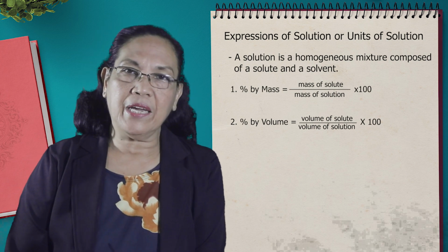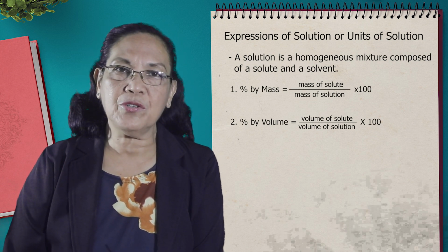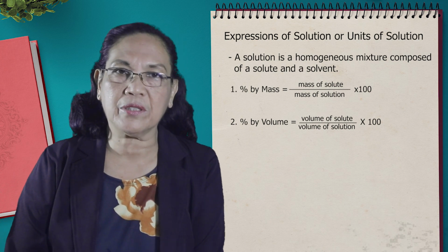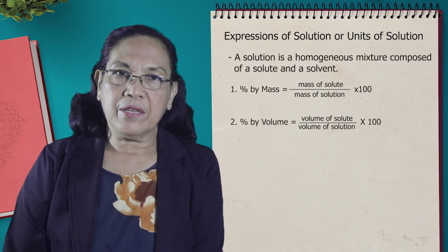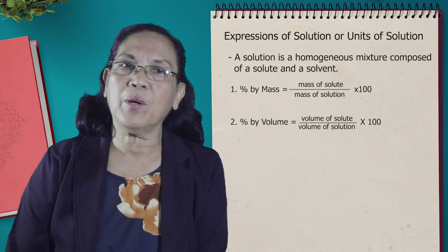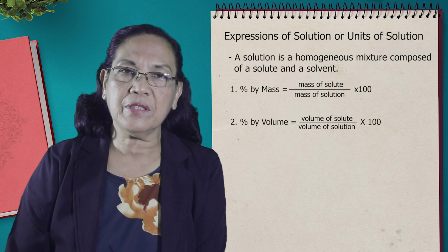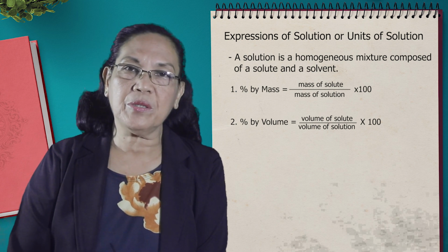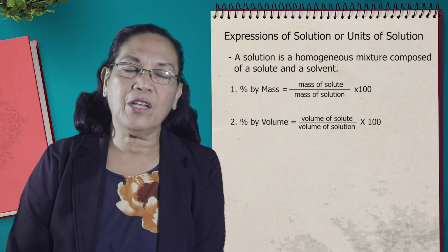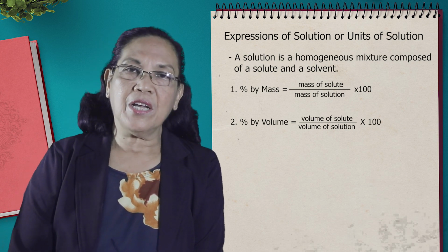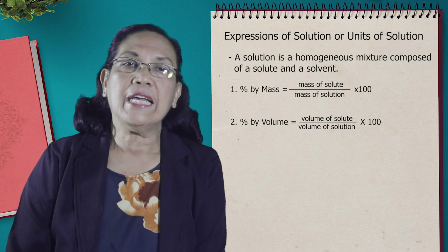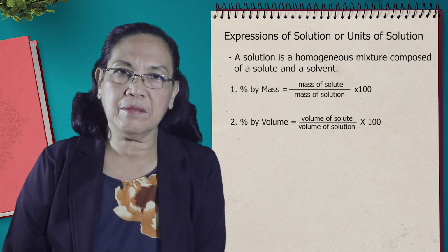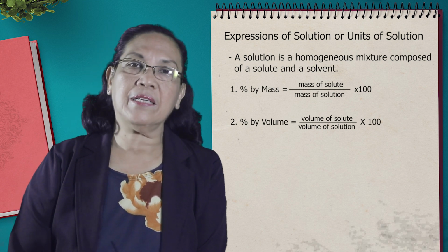In the example that I gave you, I gave a solution made up of rubbing alcohol and water. Since you're given the number of ml of the solute and the number of ml of the solution, you can substitute immediately the number of ml of the rubbing alcohol, which is known as isopropyl alcohol, and the number of ml of the solution, then multiply it by 100, giving us the result.